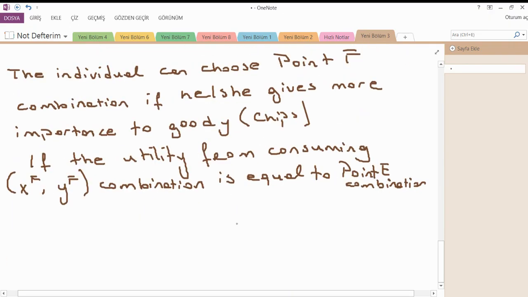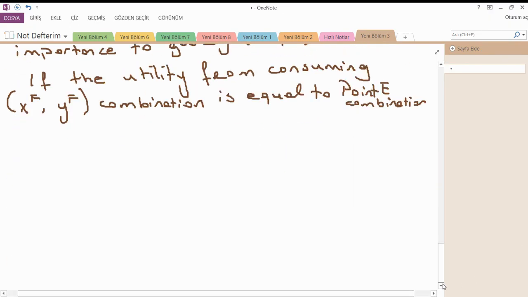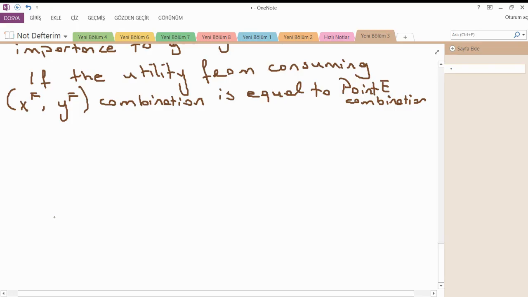So what I'm trying to say is here we are not talking about a preference, okay. I'm not saying that this consumer can prefer point F combination to our first bundle point E combination, which was including X star, Y star quantities.